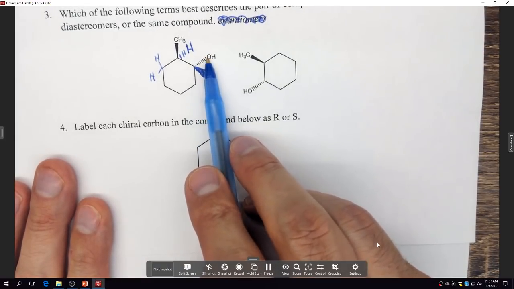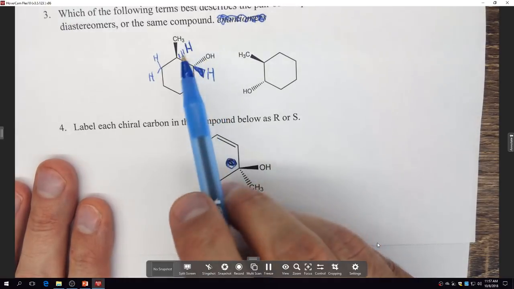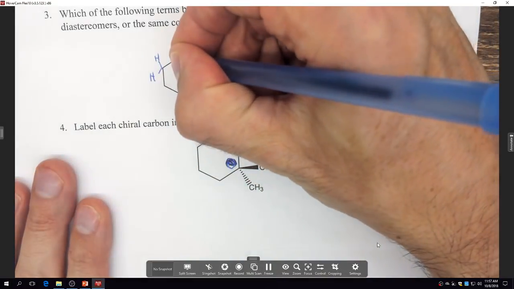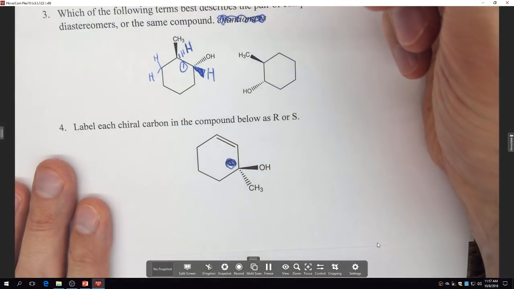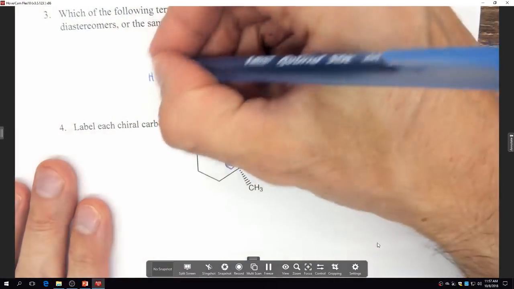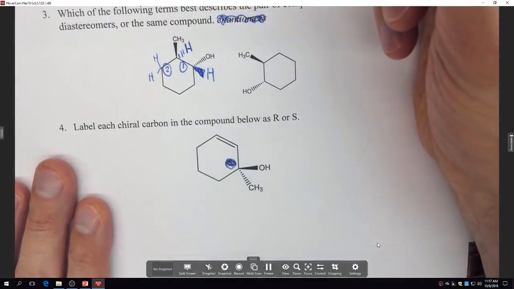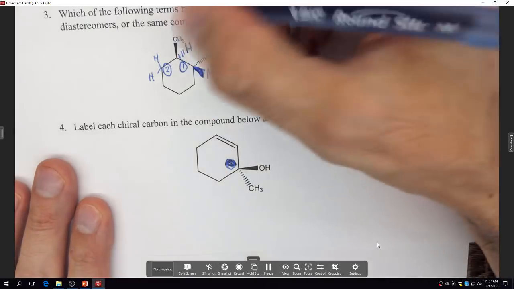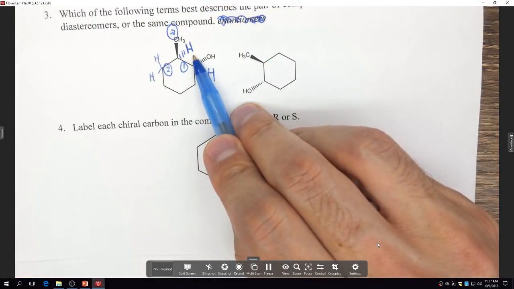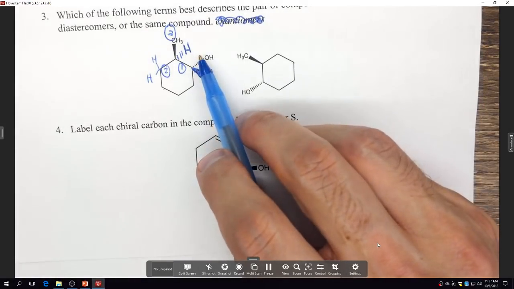Since oxygen is heavier than carbon or hydrogen, this is priority 1. Since carbon is heavier than hydrogen, this is priority 2. And this is priority 3. Hydrogen is priority 4. I'm just not going to write that.